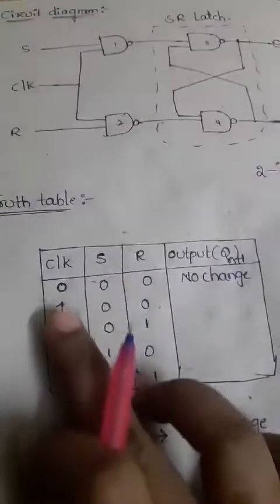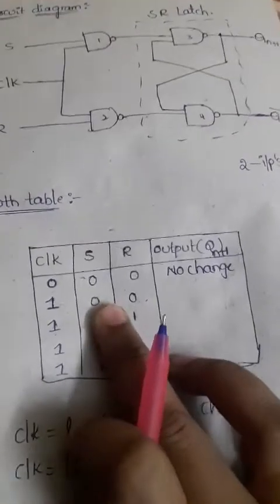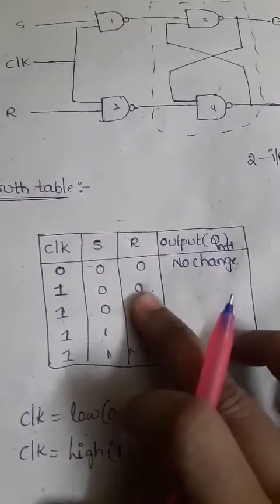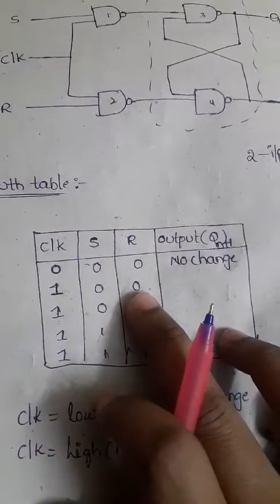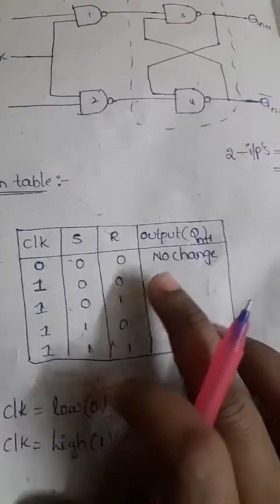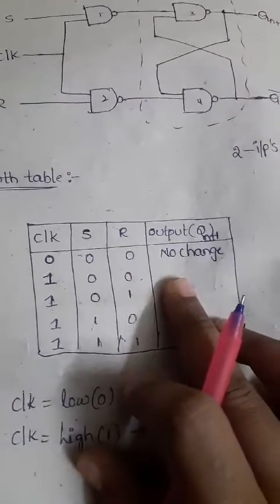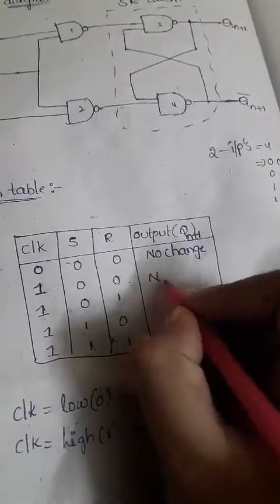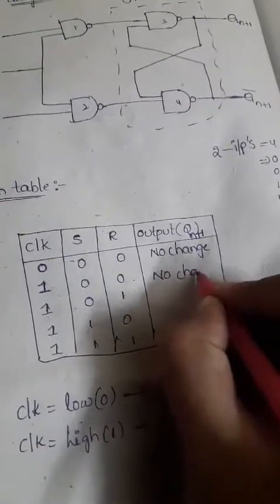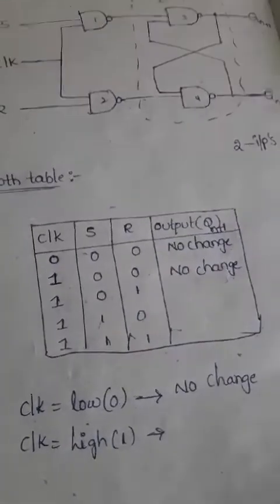Whenever the clock is high and both the inputs are zeros, that means both inputs of the SR flip-flop are 0, so the flip-flop enters into the hold mode. Hold mode is nothing but it does not react to the inputs. So the output is no change, because the present state output will be equal to the next state output.